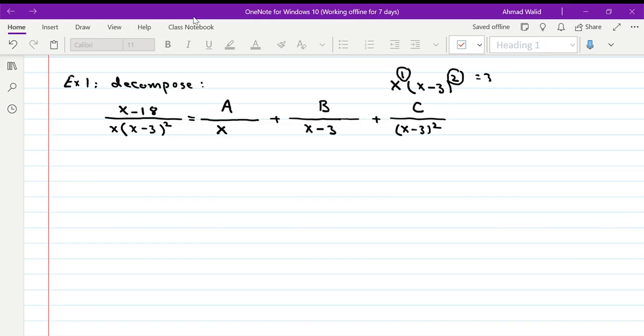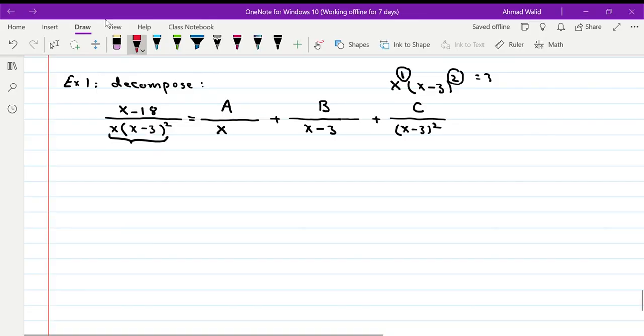As soon as you set this, the rest of the procedure is the same as case 1. Correct? What you do, you multiply all fractions with your LCD, and this is your LCD.